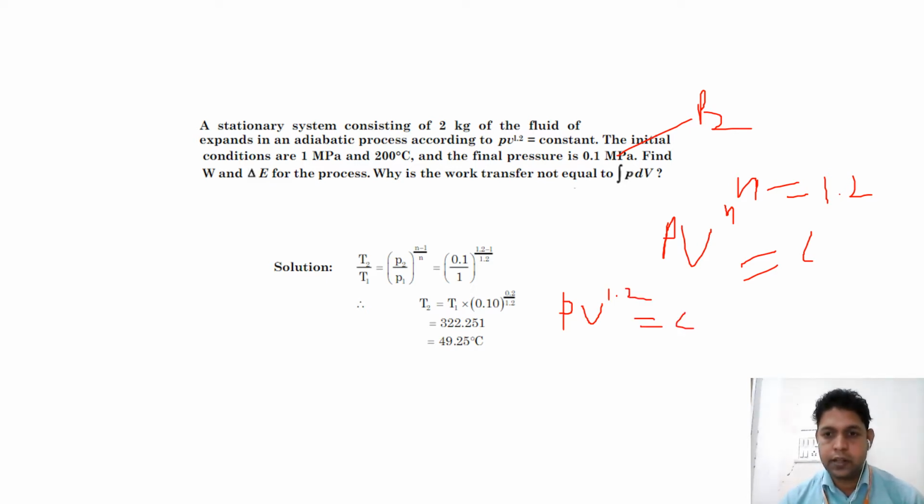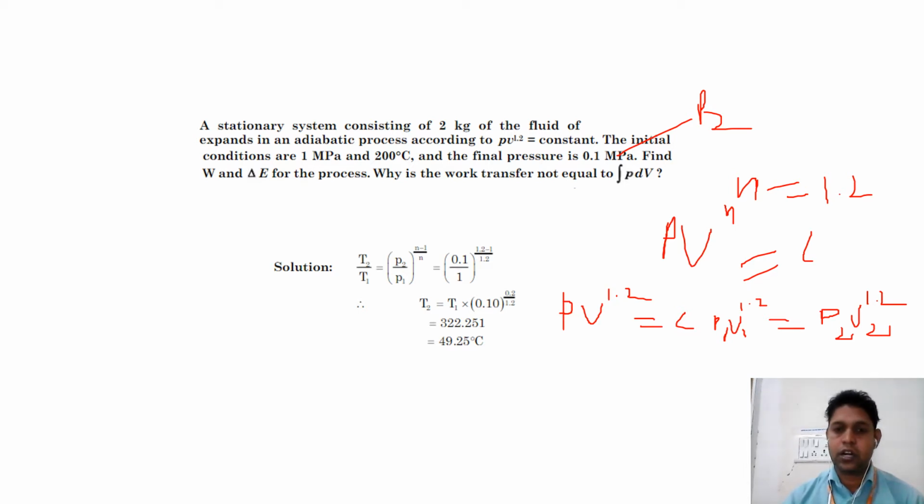That means we can write P1V1^1.2 is equal to P2V2^1.2, and we know the relation: T2 by T1 is equal to (P2 by P1) to the power (n minus 1) by n. The n is given as 1.2, the P2 is given as 0.1 megapascal, and the P1 is 1 megapascal.